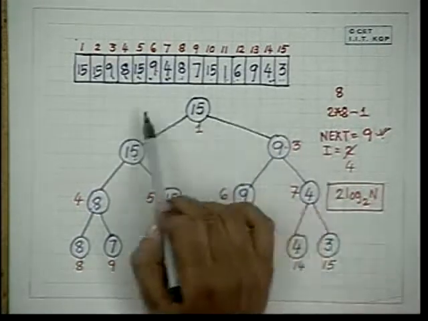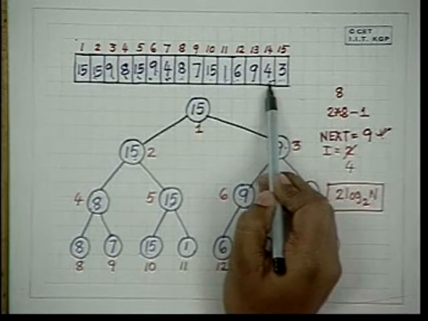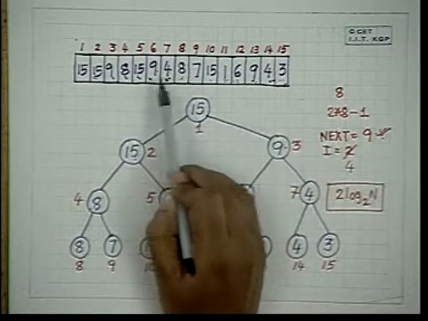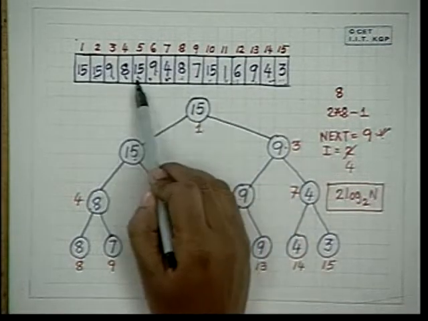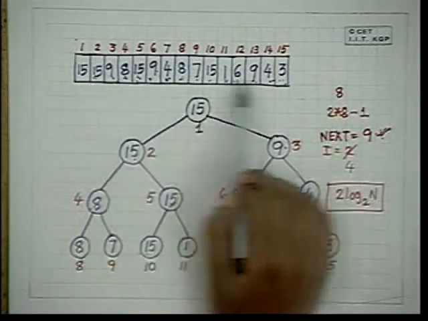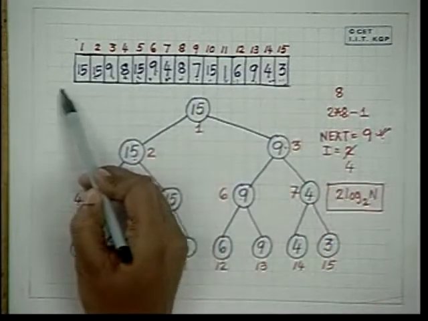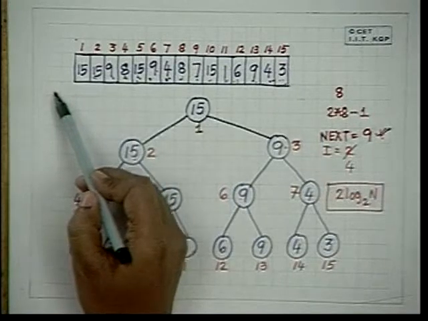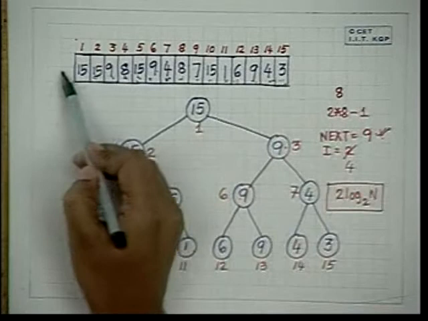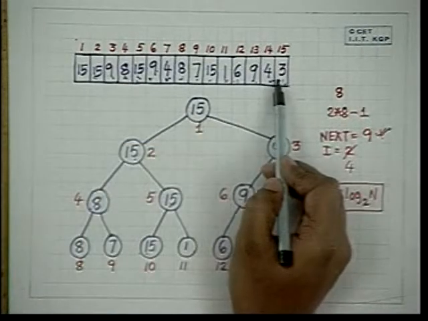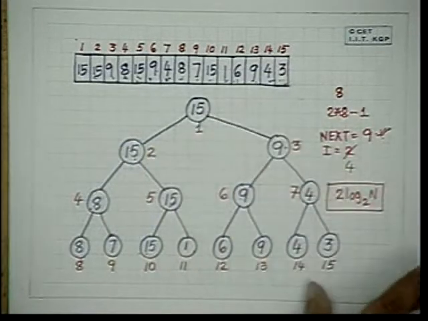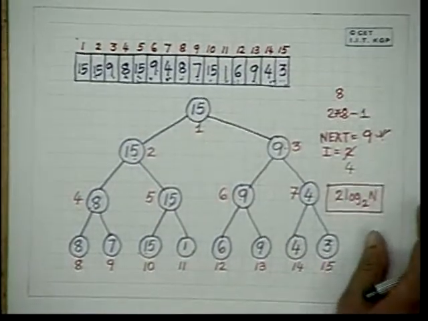So building up this tournament, we did it in a loop from back, compared these two, 14 and 15 and put it in 7, 6 and 9 and put it in 9, 15 and 1 and put it in 5, 8 and 9 and put it in 4 here, and this is what we did. So this loop is of order n. If this is 2n minus 1, this will be approximately proportional to 2n minus 1. So building up the tournament is of order n time.